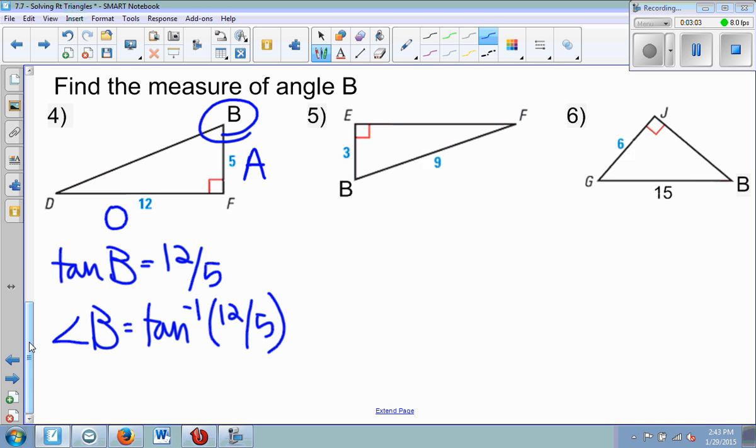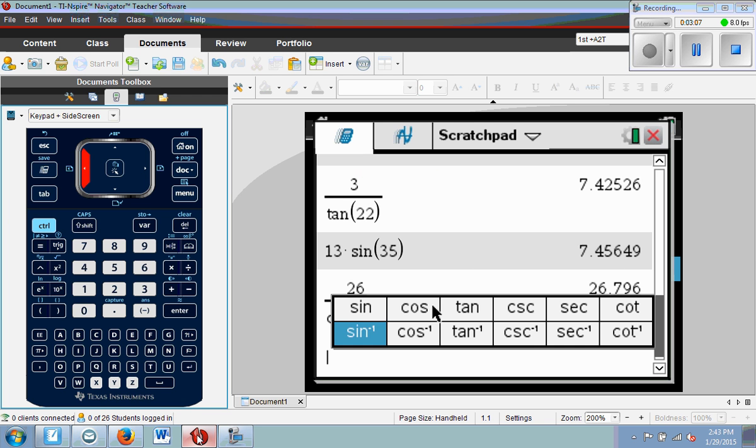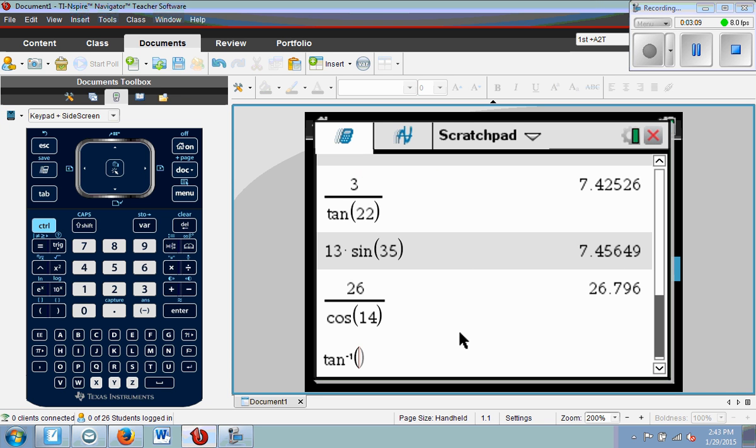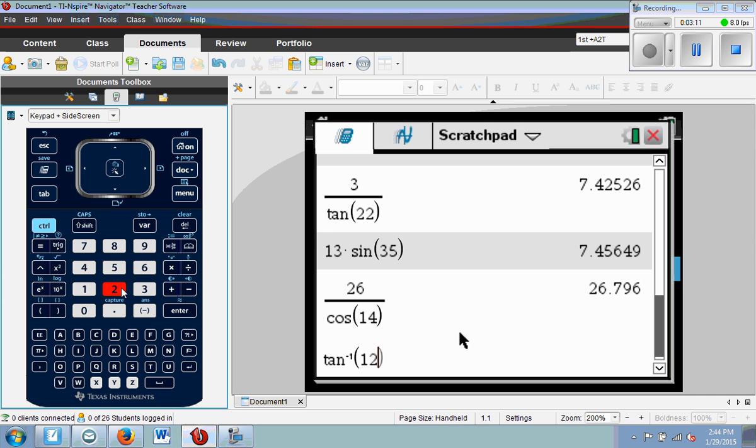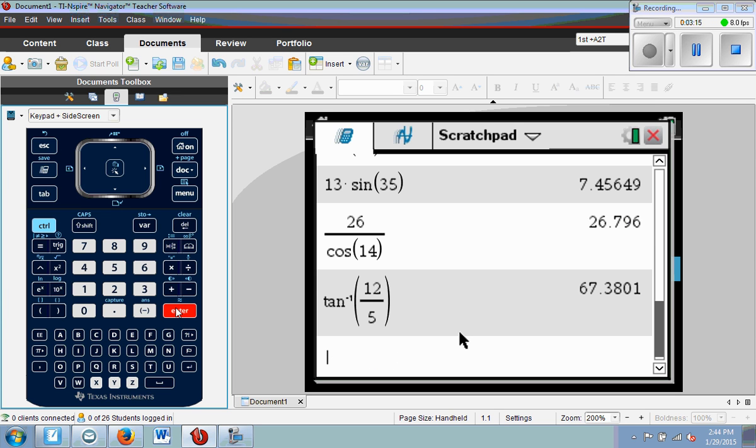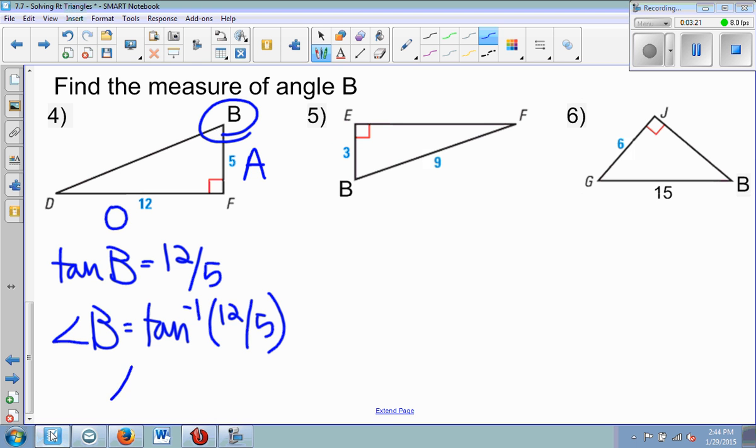So we're going to go to the calculator and type in exactly what I just wrote down. We're going to type in tan inverse, and we're going to type in the ratio 12/5, just like I had written, and we push enter, and it tells us that our degree measure is 67.4. Okay, so if we're trying to find missing angle measures, we're using our inverse trig functions.